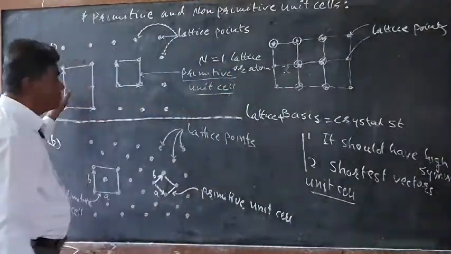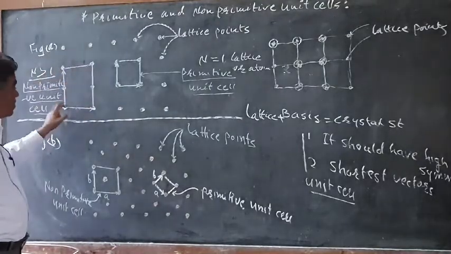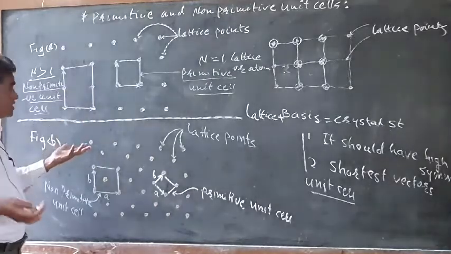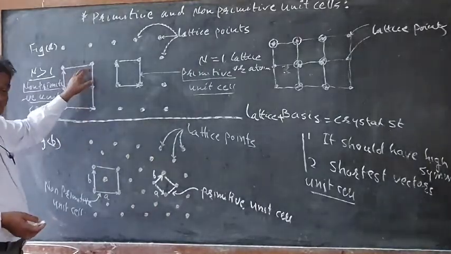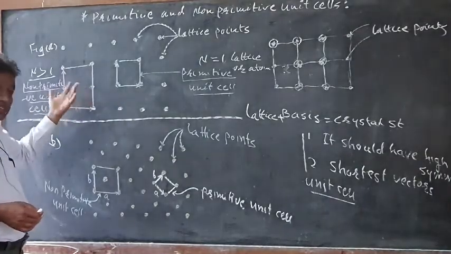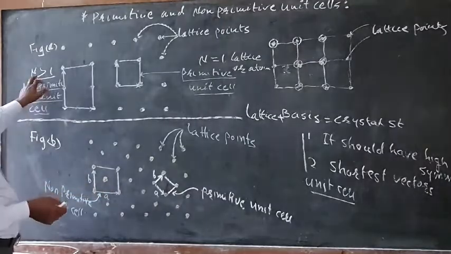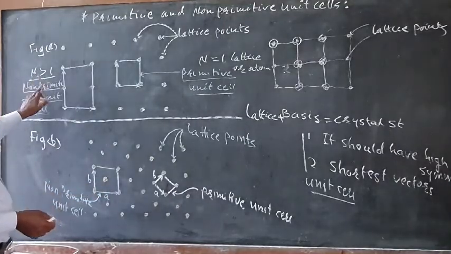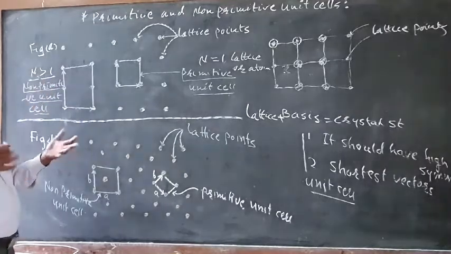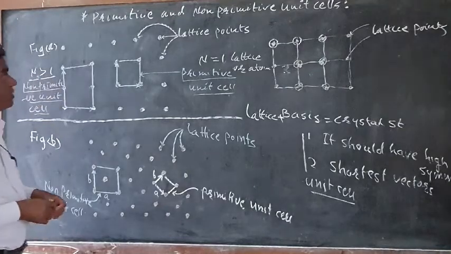While in the case of the non-primitive unit cell, the contributions of the corners and the other positions are different. The contribution of the corner atoms is the same, but the contribution of the face-centered atom is different. The contribution of an interior atom is complete, and so the number of atoms per non-primitive unit cell is greater than 1. It may be 2, 3, 4, 5, etc. Then it is known as the non-primitive unit cell.